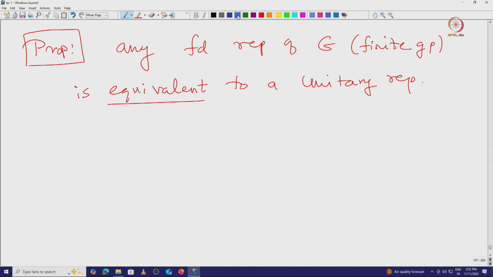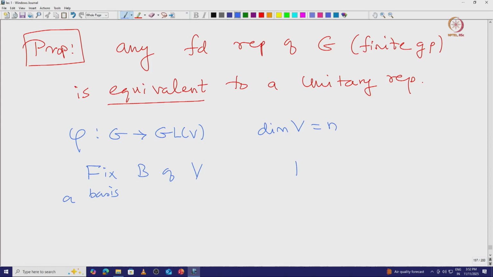So, let us say phi is the given finite dimensional representation into GL(V). So, now assume that the dimension of V is n. So, now what we can do is fix a basis B of V. Now, using this basis we have this isomorphism T from V to Cn.